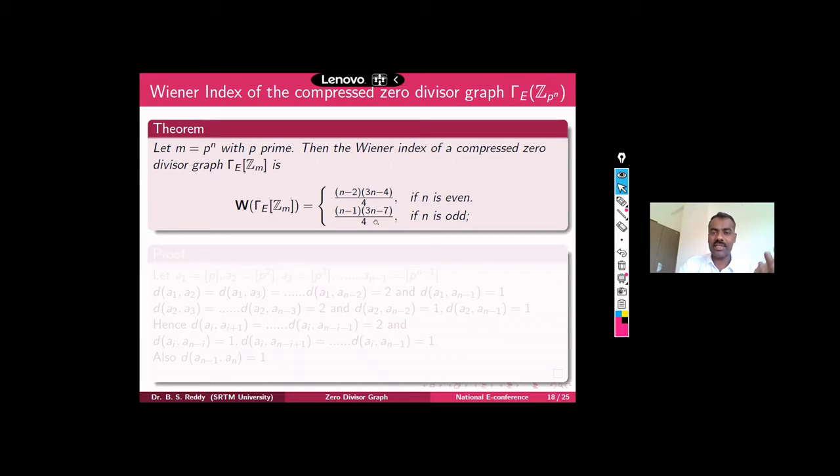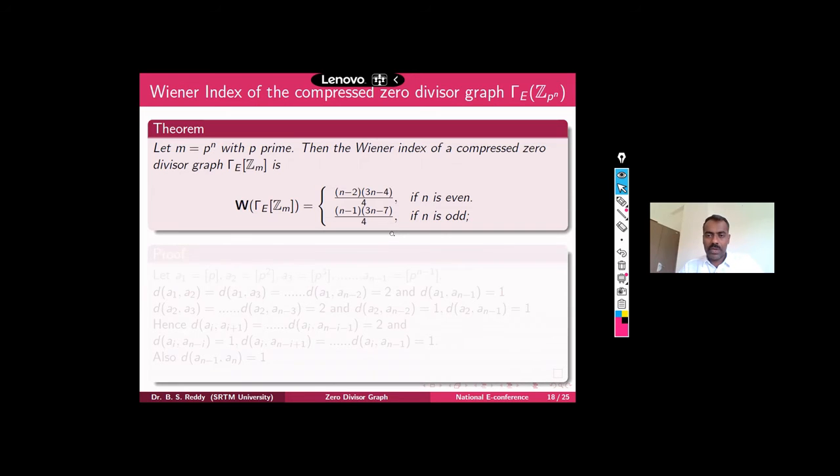When n is odd, it is (n minus 1) into (3n minus 7) by 4. Most of the time in the proofs, it is the same for even as well as odd. There is only one extra case we will get when n is odd, that I will try to explain, and the remaining things are the same. Whatever you get for even or odd is because of one special extra case.